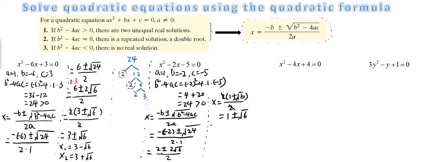We have two solutions. One is 1 minus square root of 6. Another one is 1 plus square root of 6. Okay.